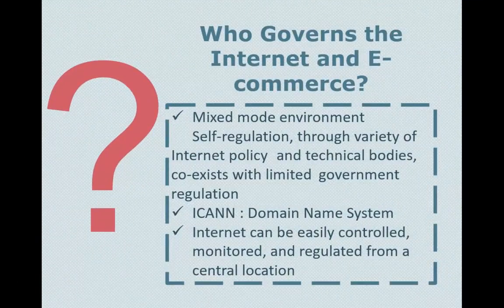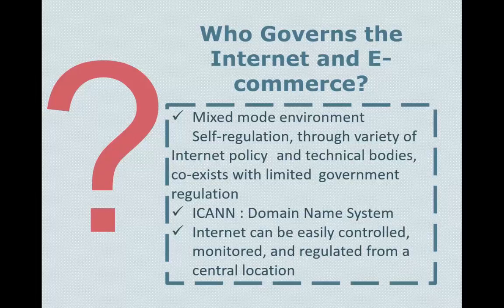So to answer the first question, who governs the internet and e-commerce? The first method is the mixed mode environment, which is self-regulation through a variety of internet policy and technical bodies coexisting with limited government regulation.